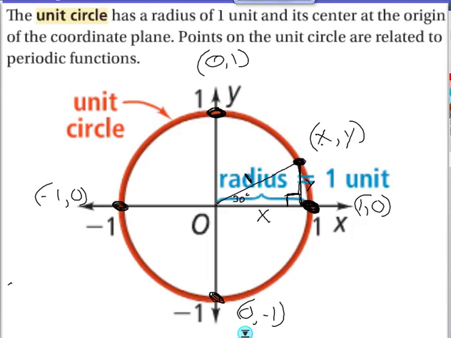Hypotenuse, short leg, long leg. Hypotenuse, short leg, and long leg. Which of those parts do we have? The hypotenuse. We have the hypotenuse.